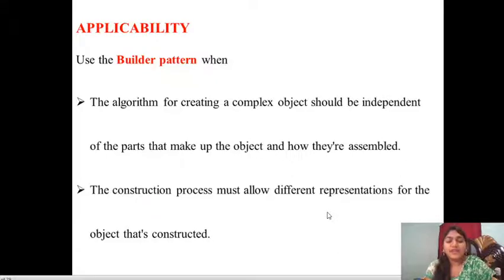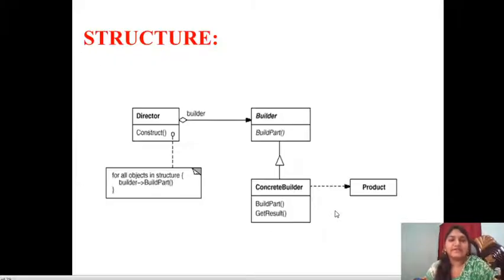What I said is that construction here does not mean building construction. Construction means constructing the classes and objects wherever necessary, and it must allow different representations. There we apply the builder pattern to solve the design problem.